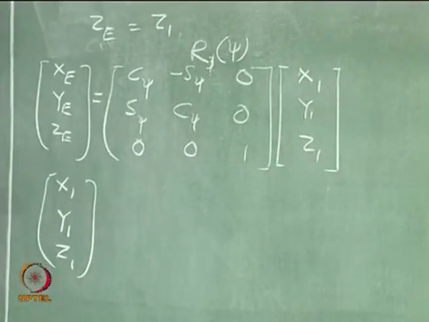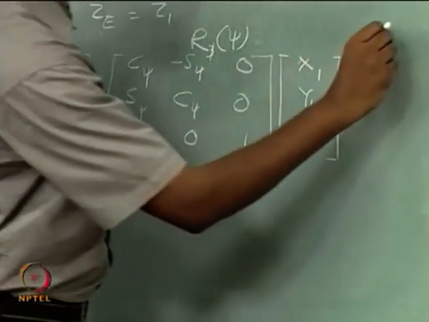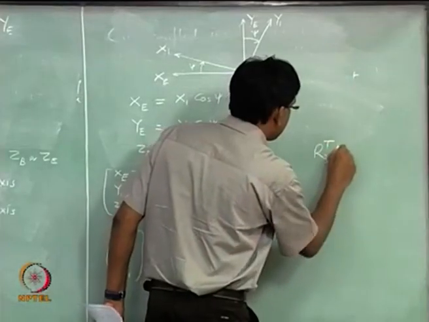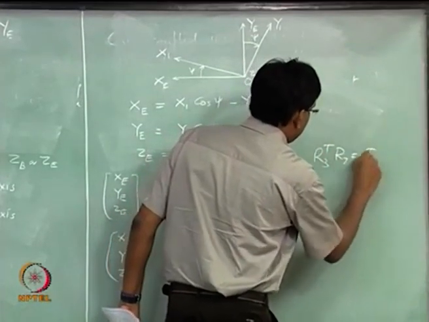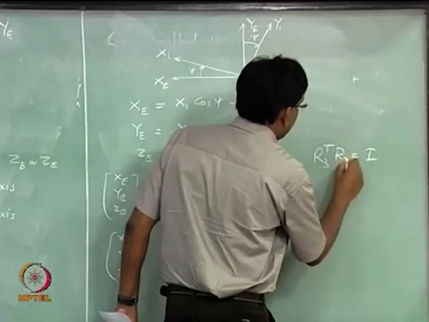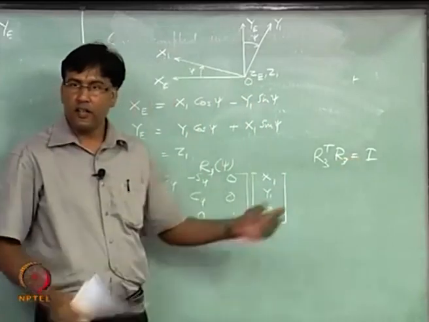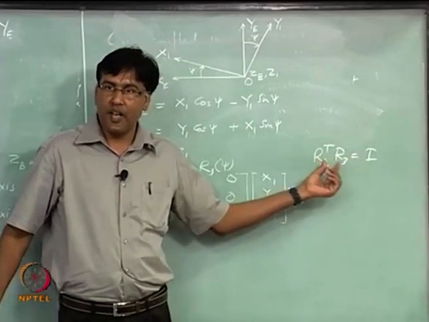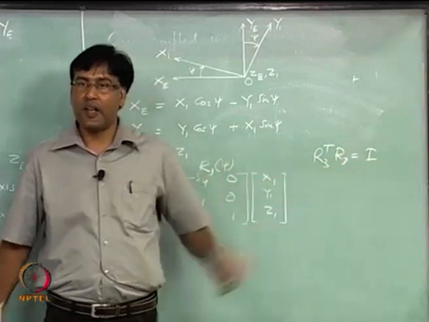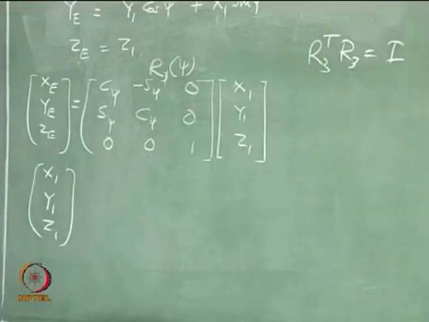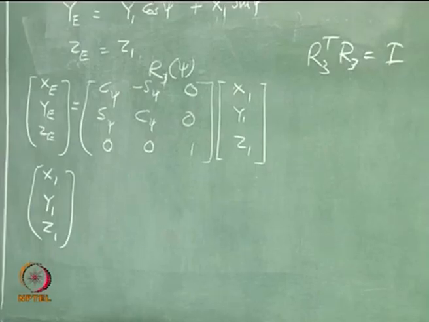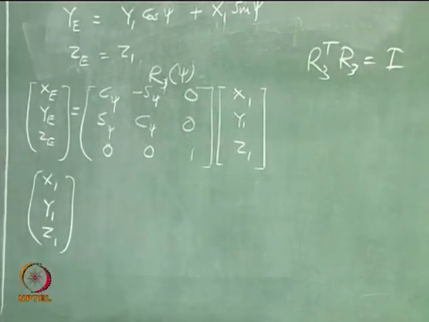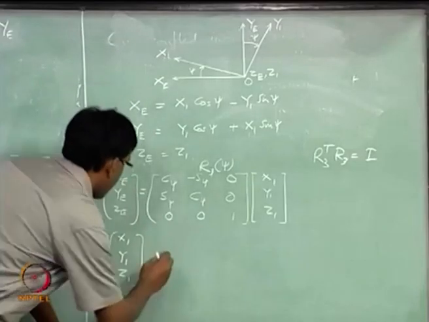So, this matrix has a very interesting property: the transpose of this matrix multiplied by this matrix is the identity matrix, right, and that is the orthogonality property of this matrix.